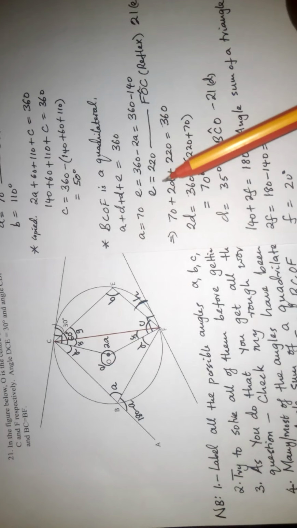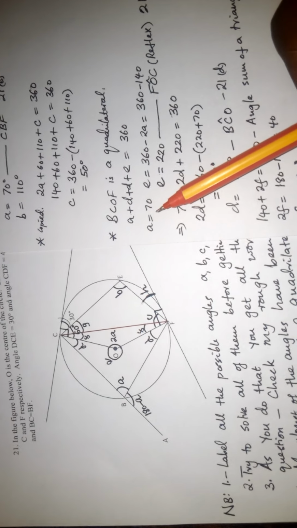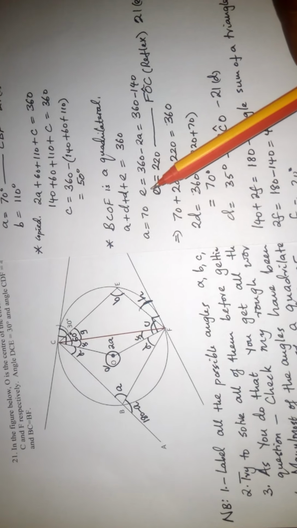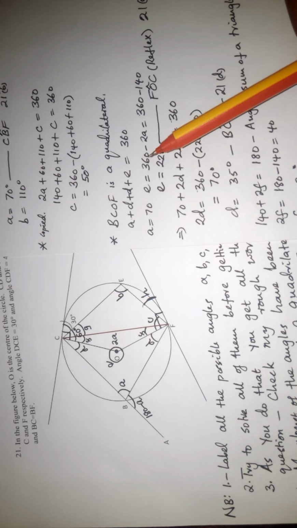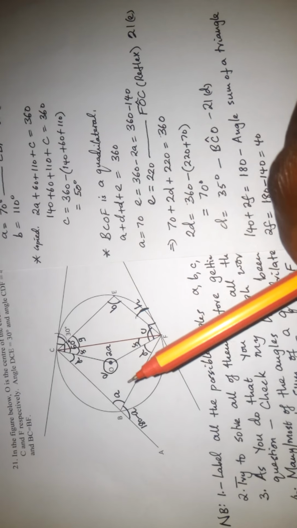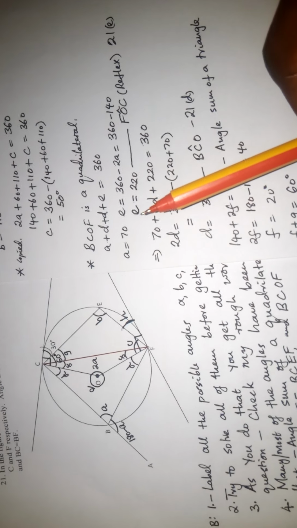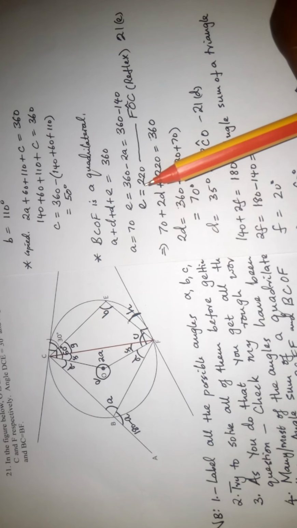All right. So that now we already have A as 70. That means E will be 360 minus 2A. You can see where 2A is. To give us now that angle, because that angle is a reflex angle, E becomes 220.